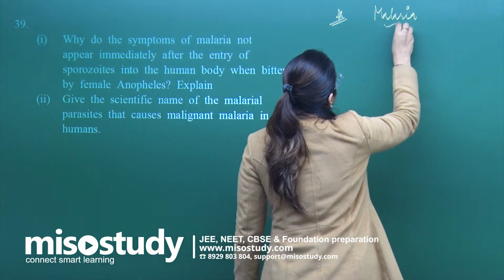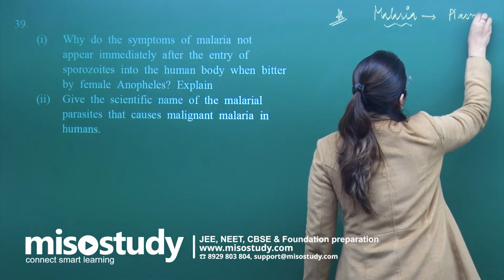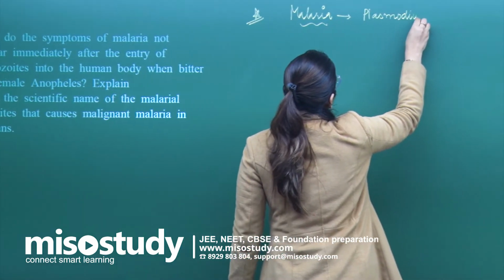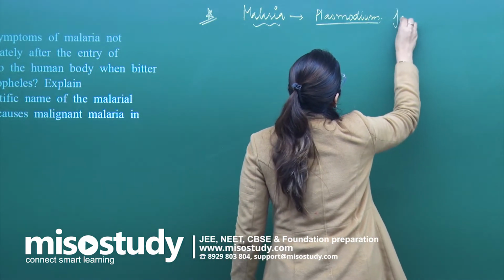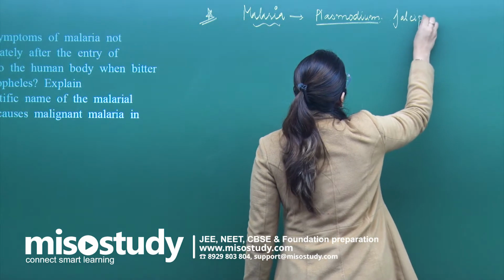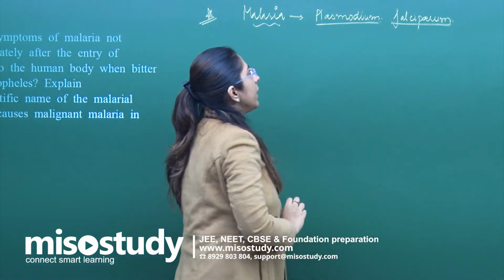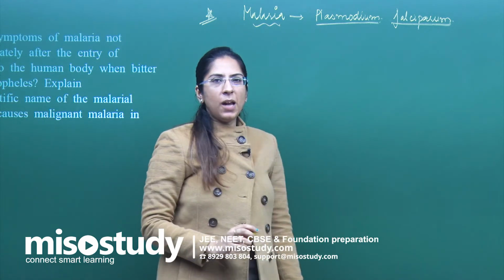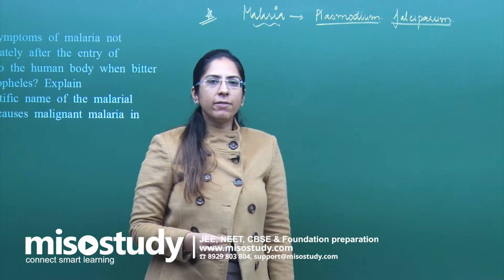who causes malaria? Malaria is caused by Plasmodium falciparum. Not only the Plasmodium falciparum, the Plasmodium ovale is there, Plasmodium malariae is there, Plasmodium vivax is there.